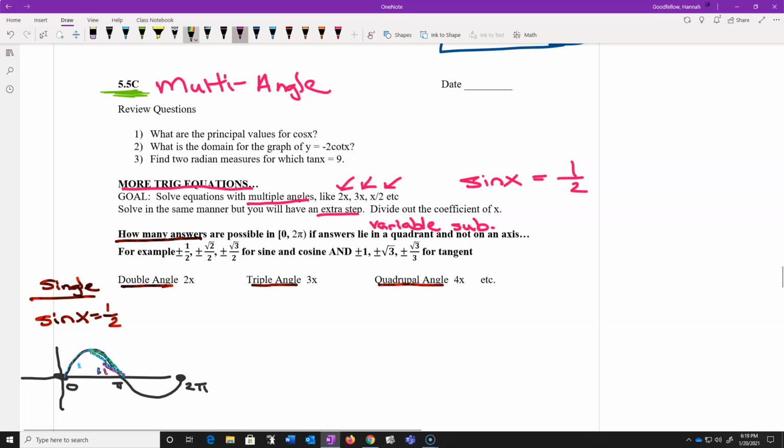And we're really trying to find a level between 0 and 1 where the graph is hitting, at what specific angles it's going to generate the answer of 1/2. And that's why it gives you these answers right here, where sine is 1/2. That happens at pi over 6 and 5 pi over 6. Those would be the two answers that we generate.